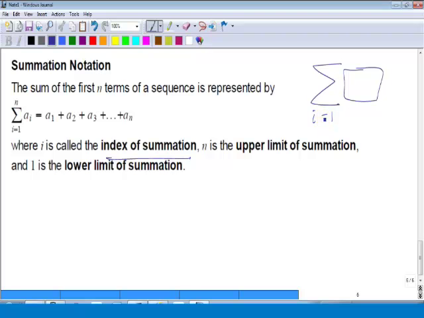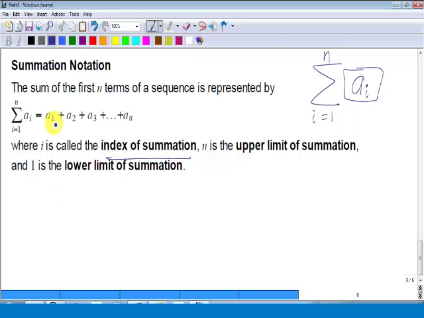But if we started at 1, basically we say start with the first term of the sequence, or the first value of the independent variable, and then go all the way up to n. So start at 1 and go to 1, to 2, to 3, 4, 5, 6, 7, and go all the way up. Don't stop until you get to n, and then it's okay to stop. Well, each time in this expression a sub i, write down the term.